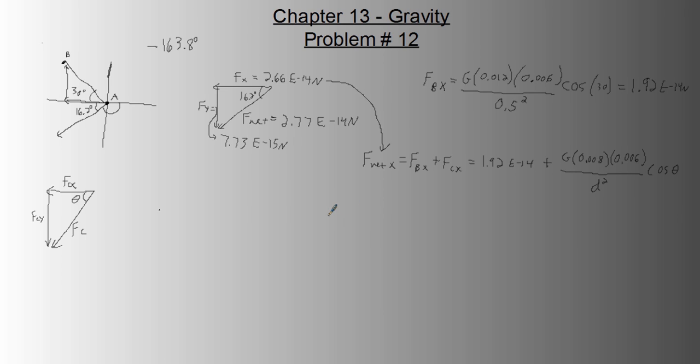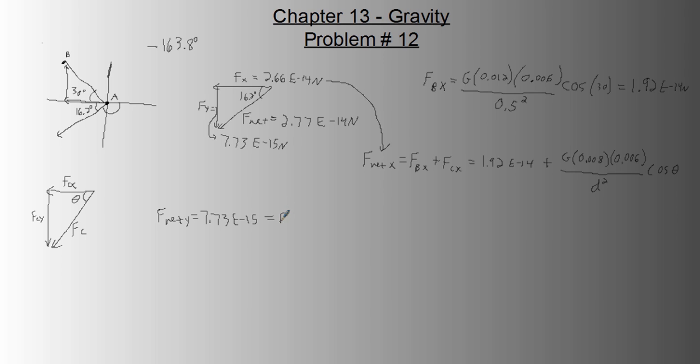Let's do F net y. We're going to need a little more room for F net y because I didn't already calculate FBY. So let's start it way over here. F net y equals this, 7.73 e to the negative 15, and that's going to equal FB.